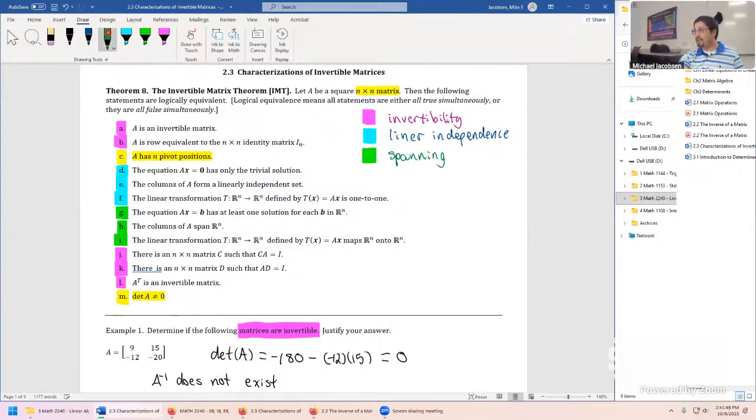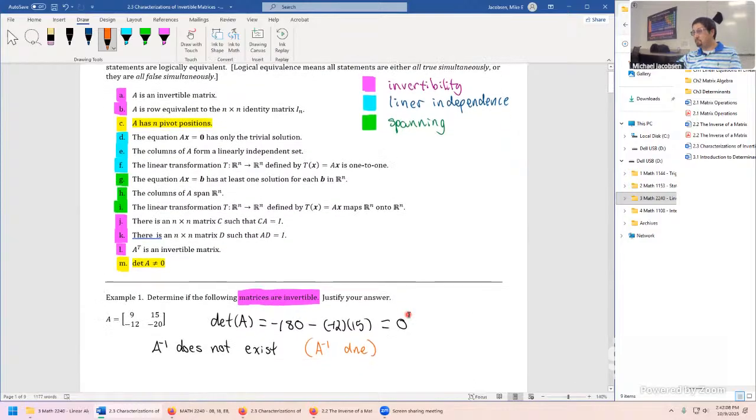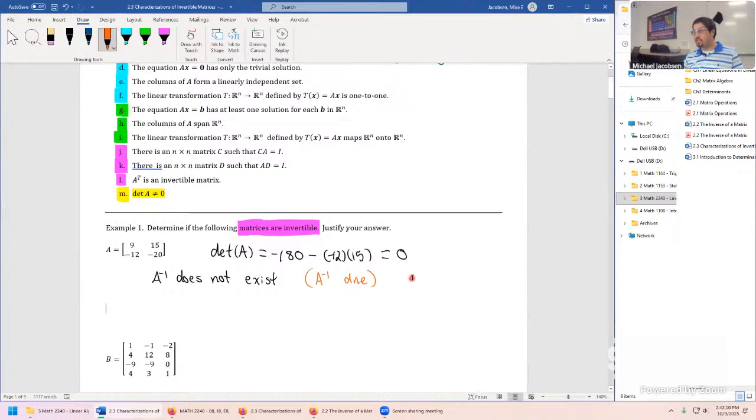And if you like a good shorthand for the notes, because we're going to be writing this out a lot, you can just say A inverse DNE. That's something we say a lot in calculus when a limit doesn't exist, for example. And that's just a nice shorthand way to say it. I'll usually just write it out. It doesn't hurt. So that's the first one down, and we'll practice with several more just to get the feel for this.